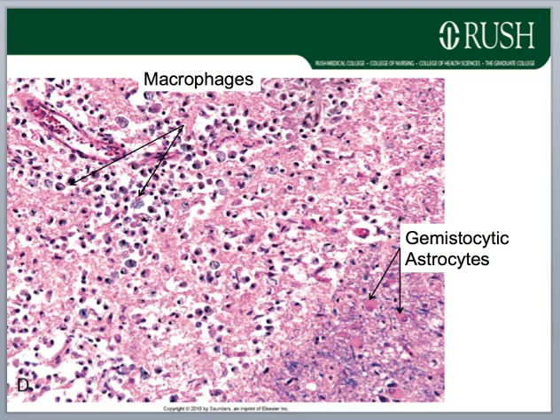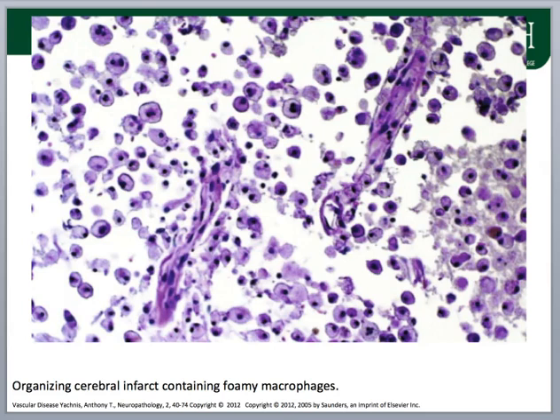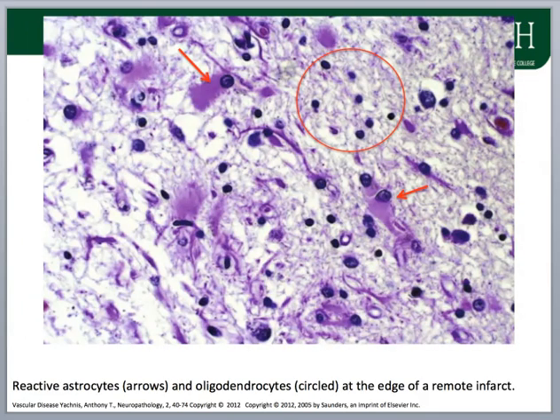Gemistocytic astrocytes indicative of gliosis, and numerous macrophages that are ingesting the necrotic debris. Another image showing numerous foamy macrophages. At the edge of this process are reactive astrocytes indicated by the arrows and oligodendrocytes, which are circled.